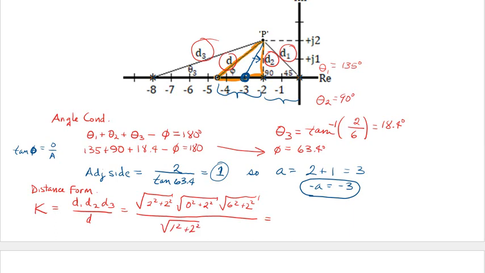And that is going to give us the value 16. If you remember from earlier, we said that the root locus gain, K, is equal to 16 K sub C. So therefore, K sub C equals 1.